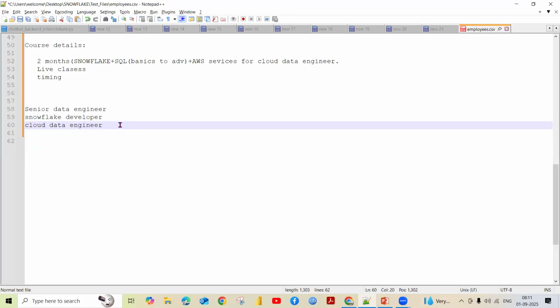The cloud data engineer requires all the AWS services needed for a data engineer; AWS plus they will expect SQL and Snowflake. These three positions you can majorly apply for.